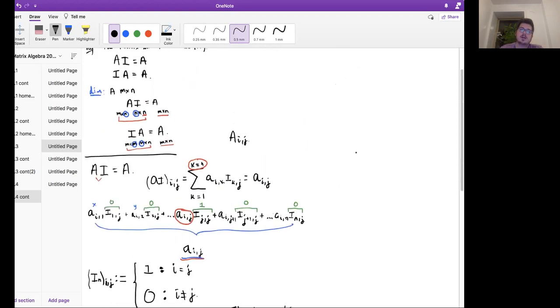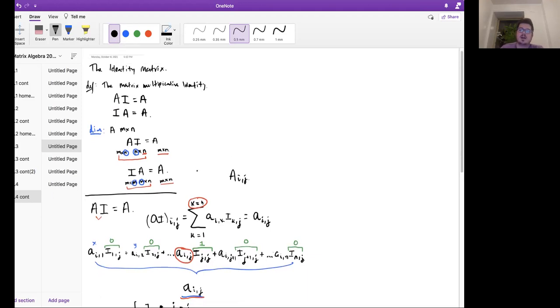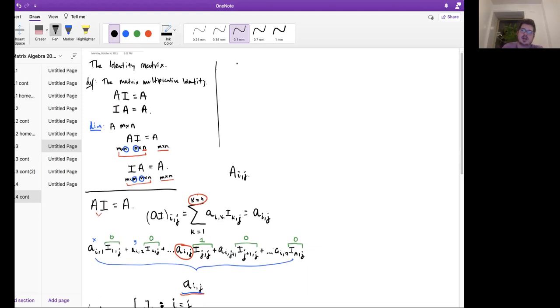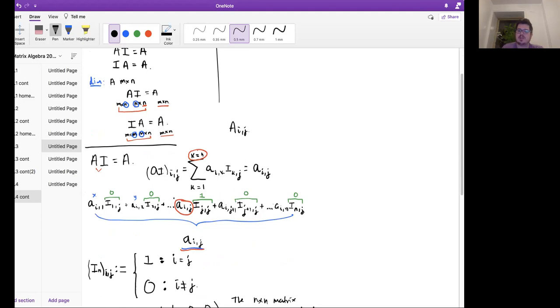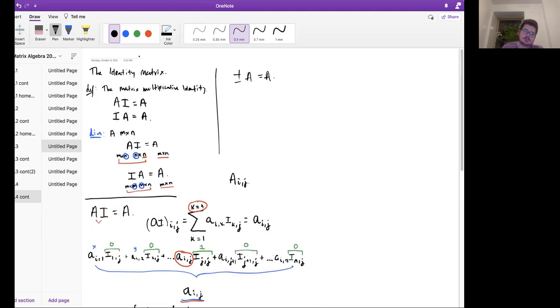I'll let you do the same thing for IA. It's pretty much the same proof, but the I's will be on the other side. That's good. However, one thing I just want to say: when we say identity, we want the left identity to equal the right.